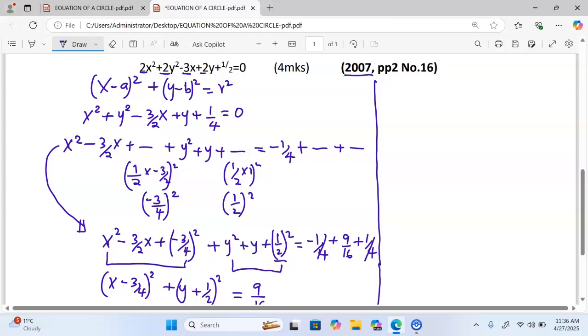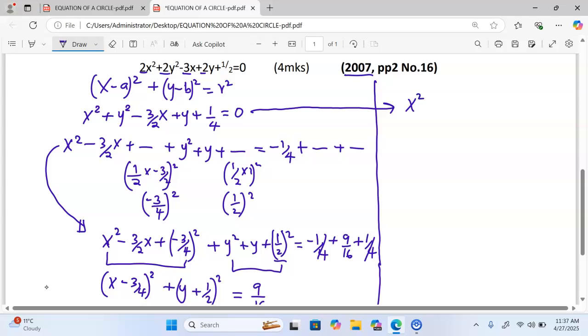Alternatively, we are going to use this approach to simply get the center and the radius. I'm going to use this part that we have made, x squared and y squared 1.